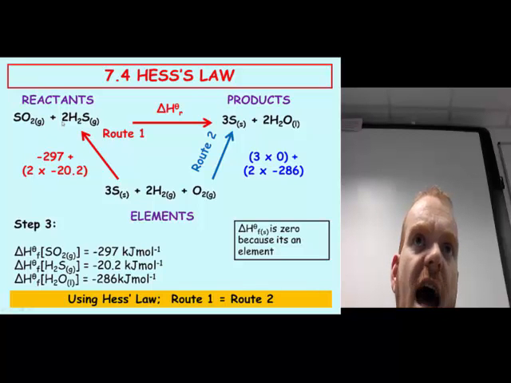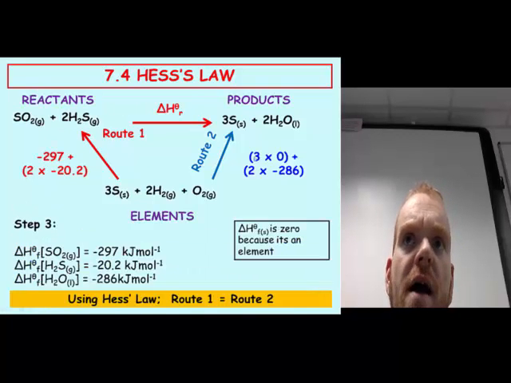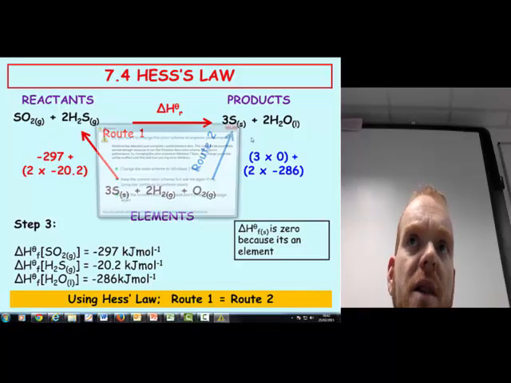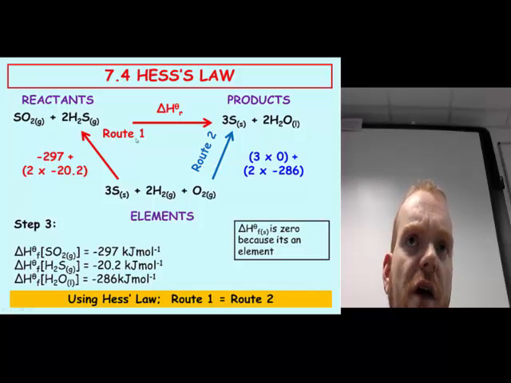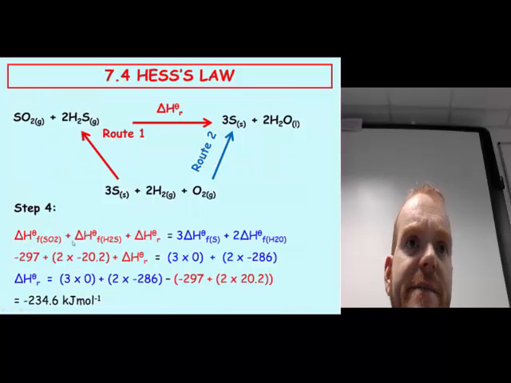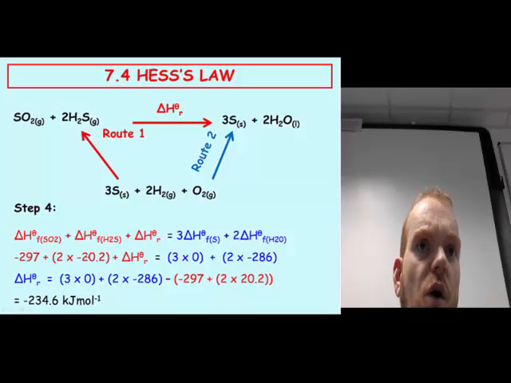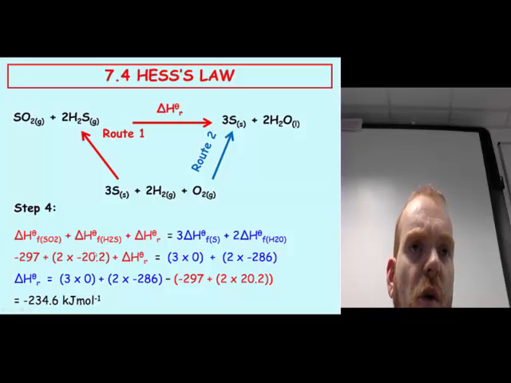So all I do is treat this number as x, work out what route 2 is worth, and therefore route 1 plus x must be equal to route 2, so I can work out what x is. Route 1 is the delta H of formation of SO2, plus the delta H of formation of H2S, plus delta HR, that's my x, equal to route 2, which I've written there in blue.